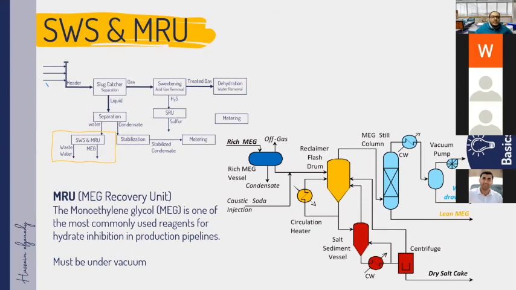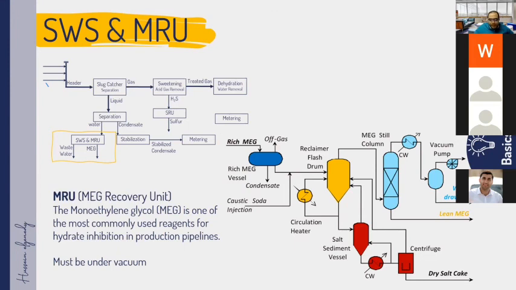Can anyone tell me why this process must be done under vacuum? This is the last question. Can anyone answer why this process must be done under vacuum? Okay, I will answer.